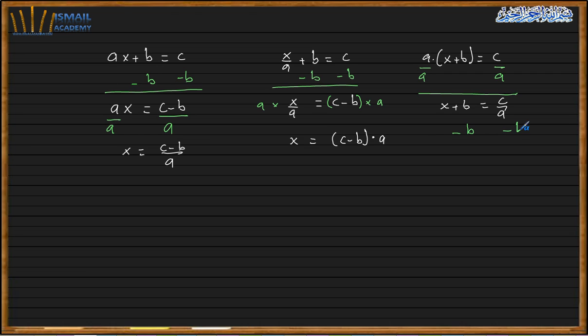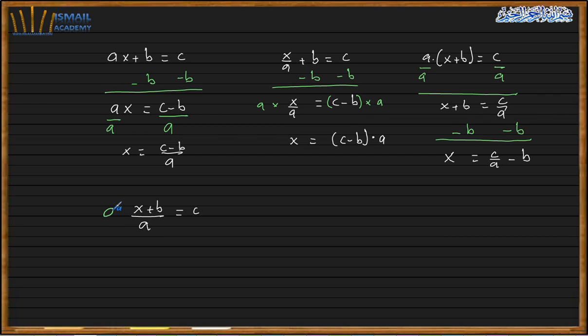Then x equals c over a, minus b. I have a number divided by a, so I use the opposite operation for division.